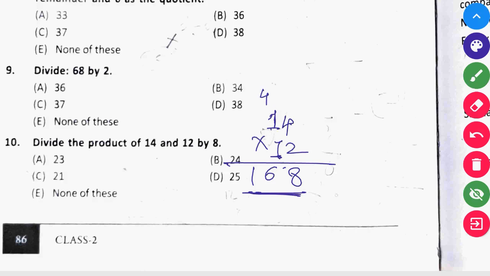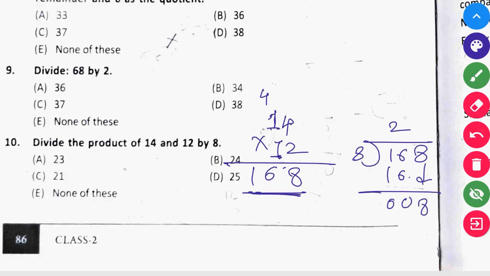So 168 is the product of 12 and 14. Now we have to divide it by 8. 8 twos are 16. 8 will come down here. 8 ones are 8. So your answer is 21.